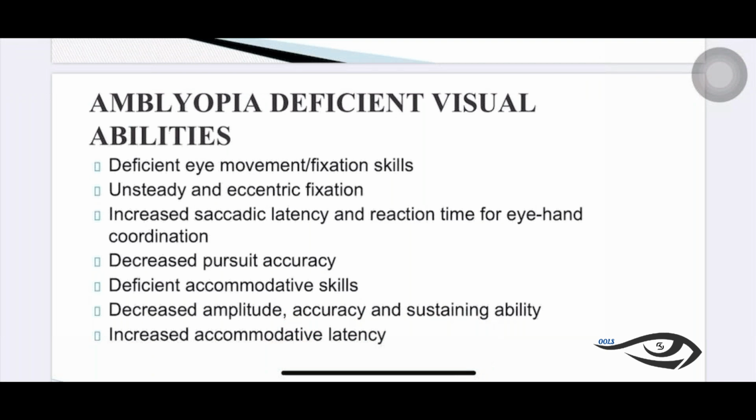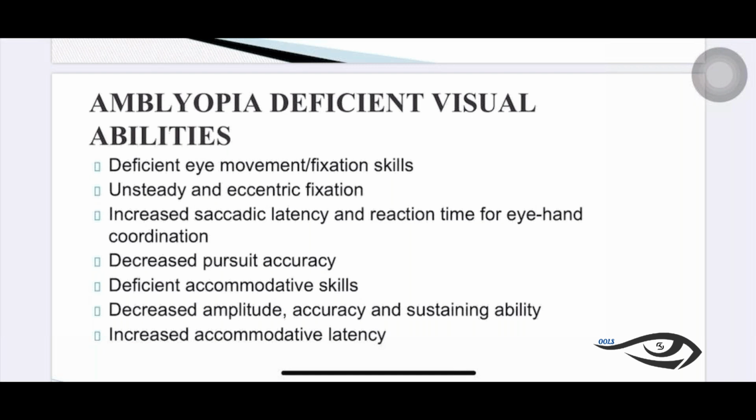So because of that eccentric fixation, there can be amblyopia. Increased saccadic latency and reaction time for the eye-hand coordination. Obviously, if there is poor saccadic movement, that can give you any type of poor eye-hand coordination. Decreased pursuit accuracy, as I already explained.